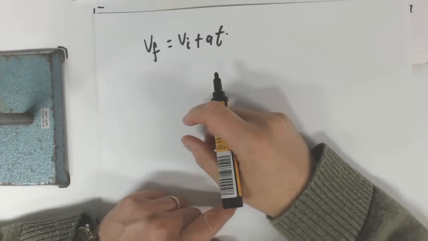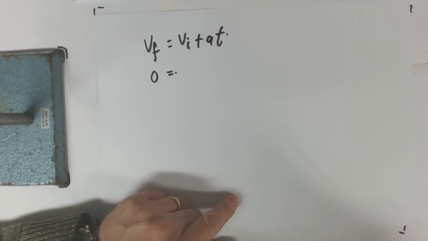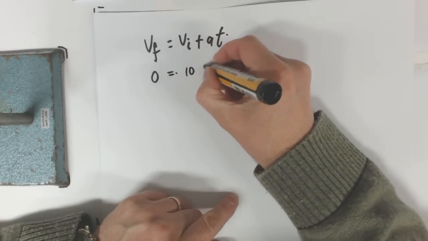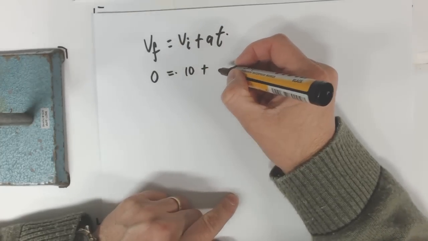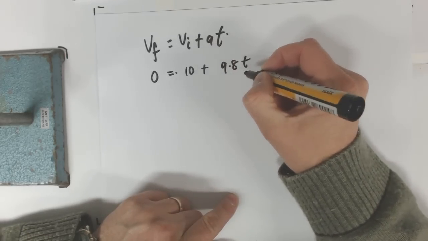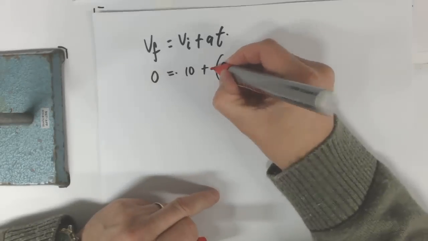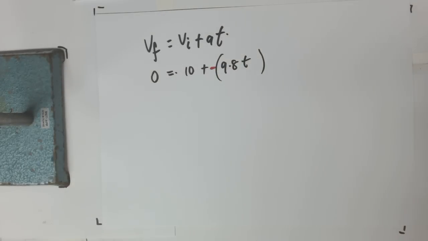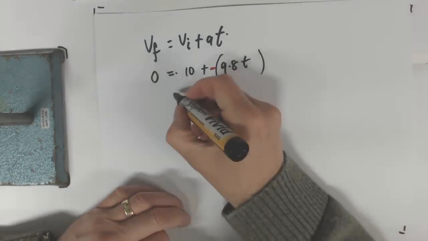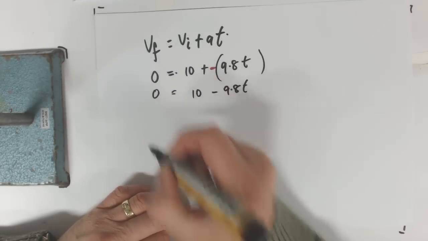Well, we already said that Vf at the top was equal to 0, right? And Vi, we know, is equal to 10, plus At, which is equal to 9.8 t. But as we said before, we get a problem with a negative. Now that negative means that we are saying 10 minus 9.8 t is equal to 0.